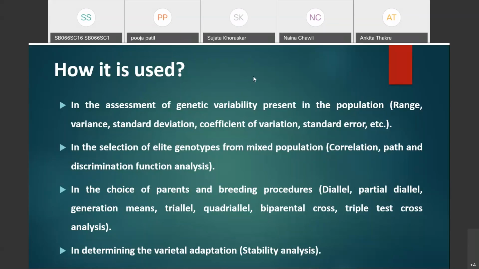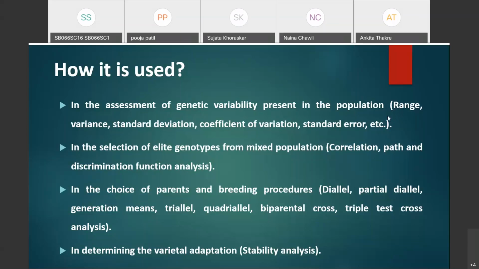First of all, biostatistics is used in the assessment of the genetic variability present in the population. Biometrical techniques are used in the assessment of genetic variability present in the population. Here in the bracket you can see the different measures of genetic variability.